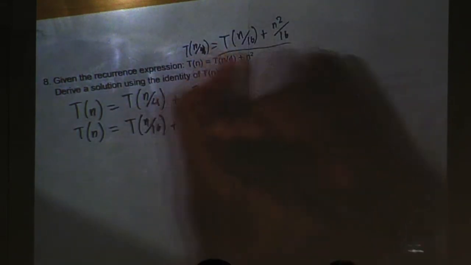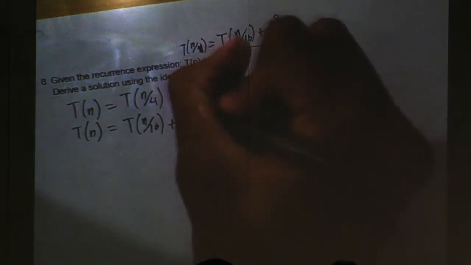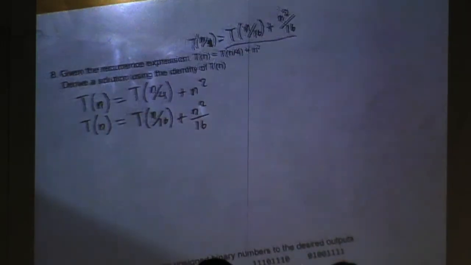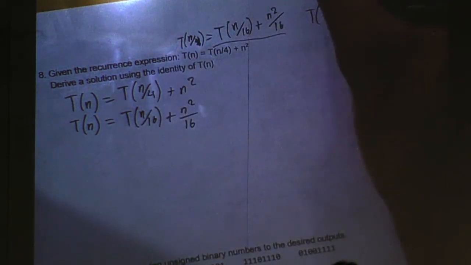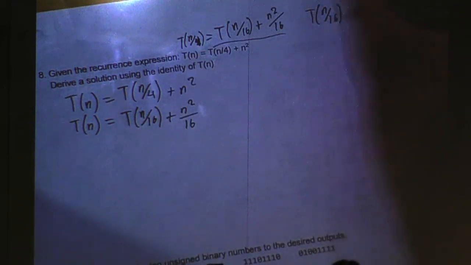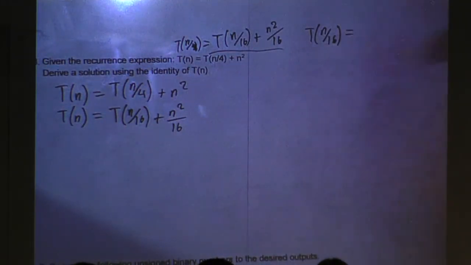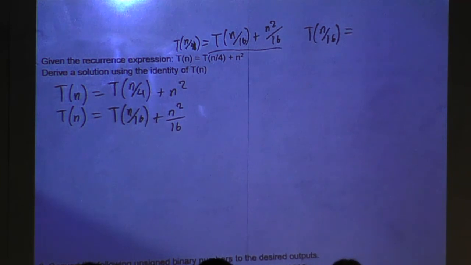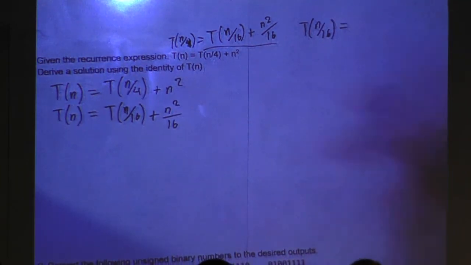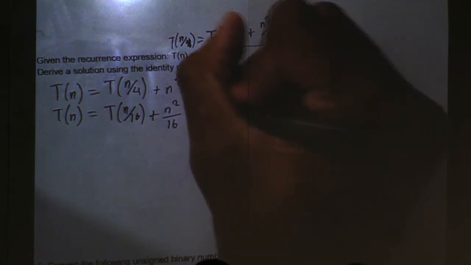N over 16, and then we have n squared over 16. So I'm going to write T of n over 16 here. Should we also need to add an n squared? That second equation? Yeah, you're right. N squared here. So this is here.